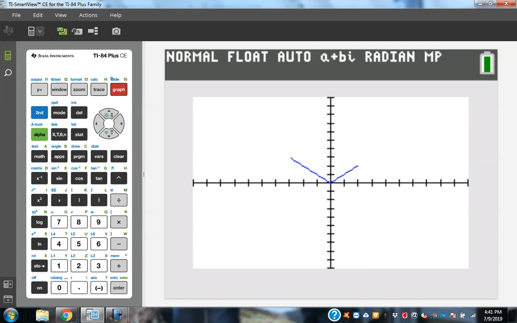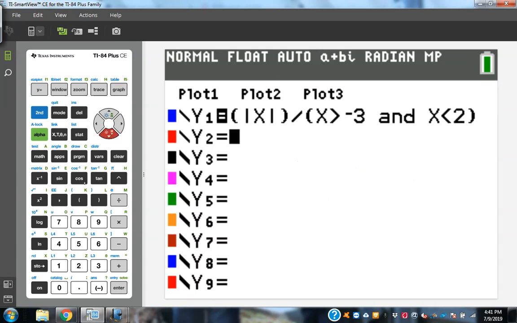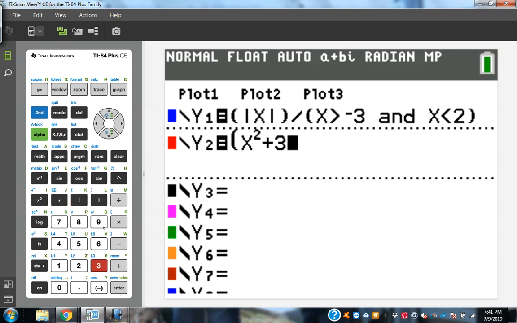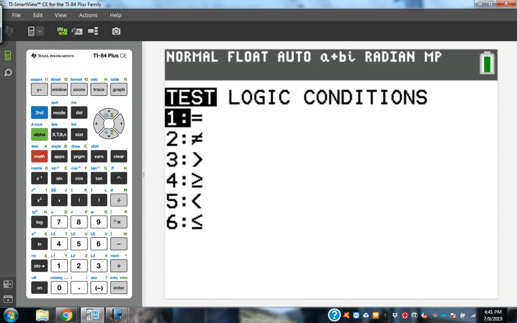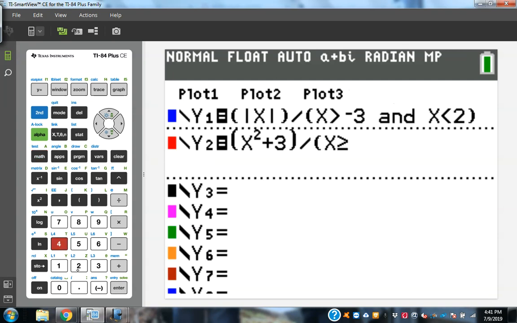I'm quicker at it by hand because usually it's not a really big graph anyway. And then let's go to the second piece: parentheses, x squared plus 3, close the parentheses, division symbol. And this is x is greater than or equal to 2. So x, second math, greater than or equal to 2.